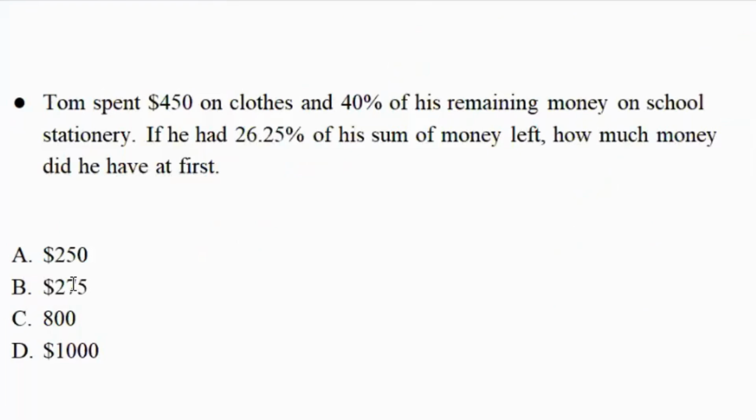Now we are moving to the next question. Let's read the next question first. The next question is saying that Tom spent $450 on clothes. Whatever the amount he had, he spent $450 on the clothes, so we are writing it over here. On the clothes he spent $450, and 40%.